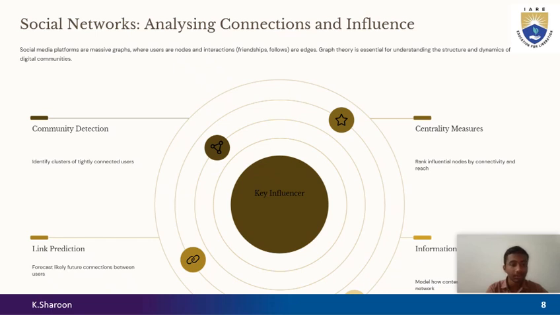The first one is community detection, that is identifying clusters of tightly connected users. The second one is centrality measurement, ranking influential nodes by connectivity. The fourth one is link prediction, forecasting likely future connections between users. And the last one is information diffusion, modeling how information spreads through the network. This is how social networks use graphs.